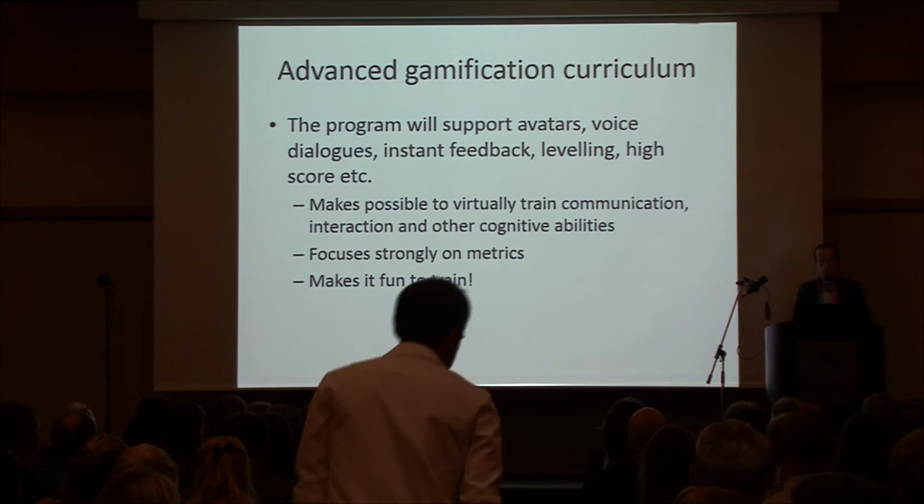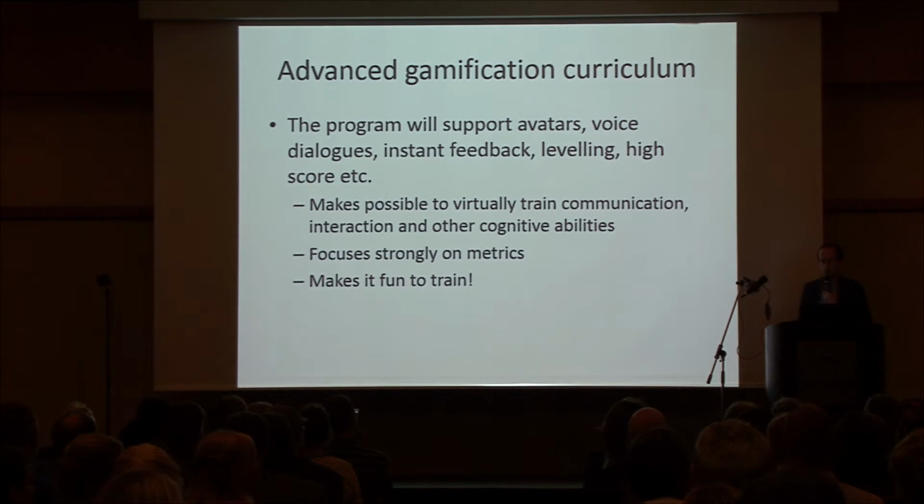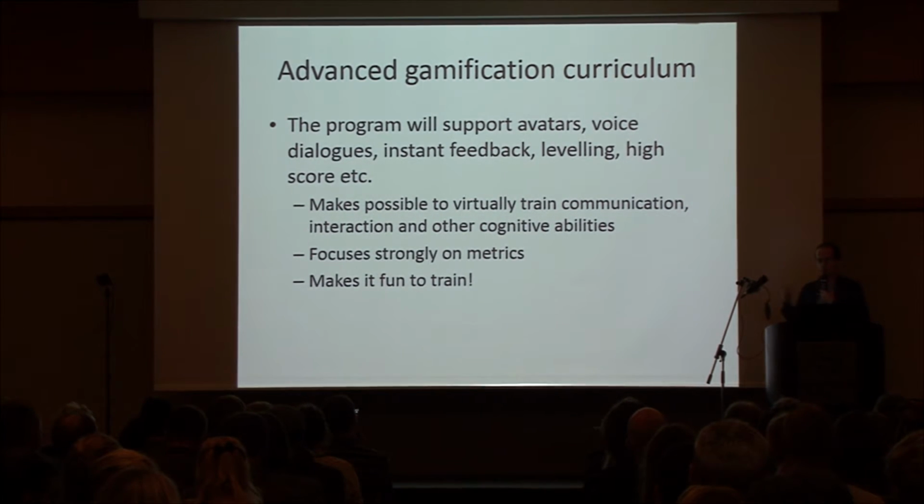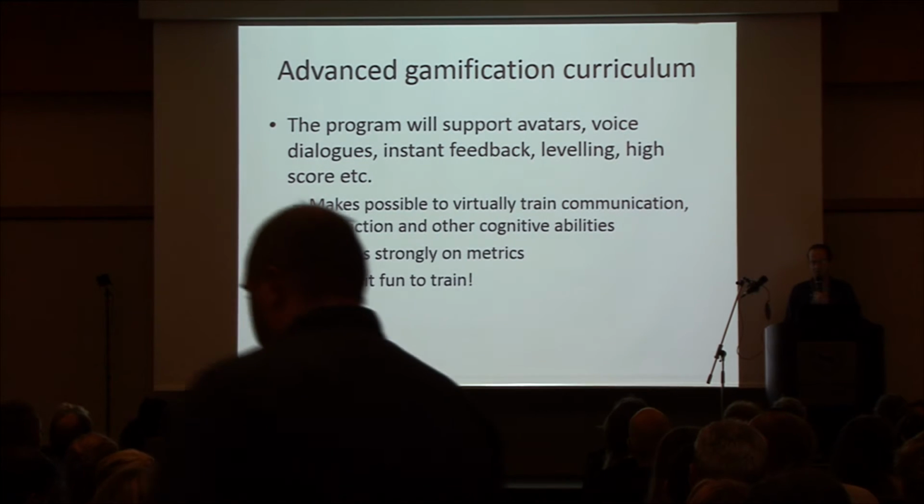But also to make it fun to train, to have the high scores list, the possibility to level. The orthopedists, the surgeons, are very competitive, and we think they love the idea of a high score list somewhere.